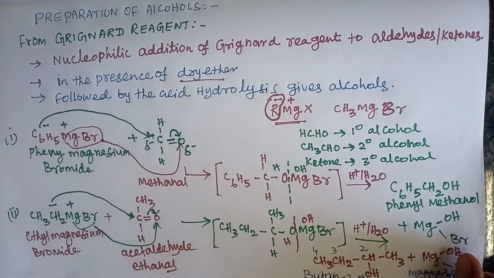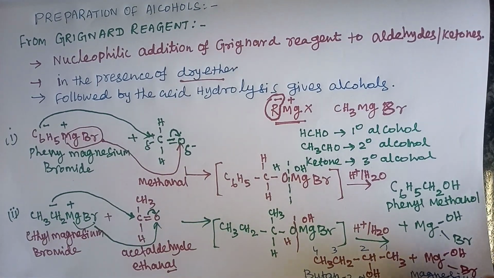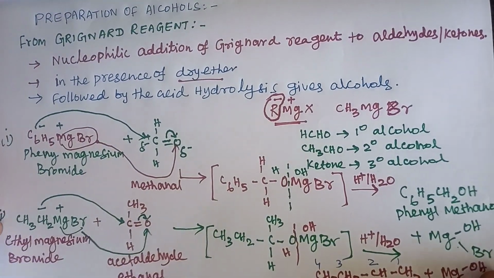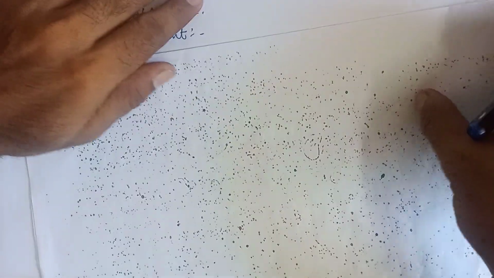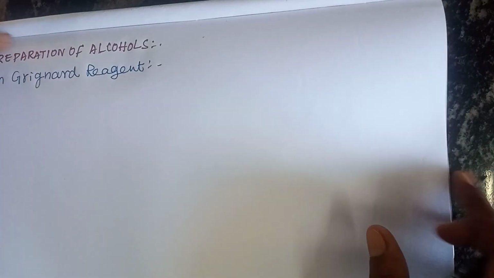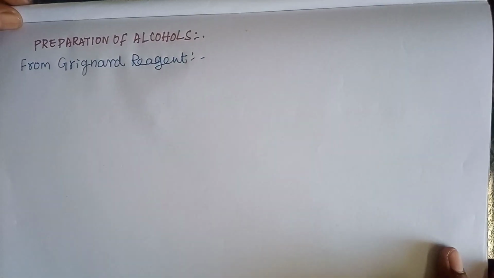So now let us see one more example, the preparation of tertiary alcohol from Grignard reagents. For preparing tertiary alcohols, we are taking acetone.